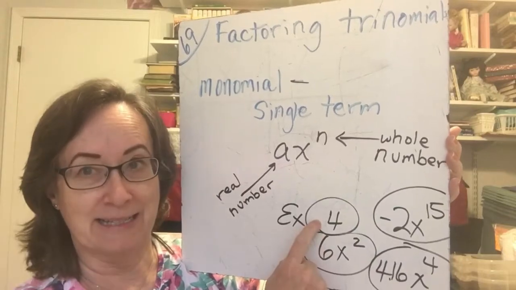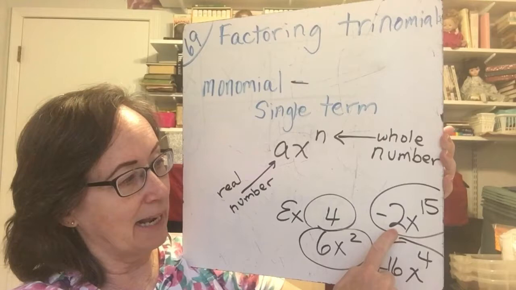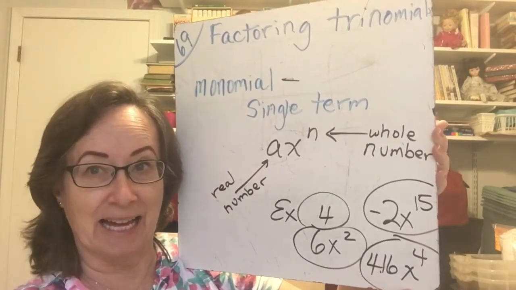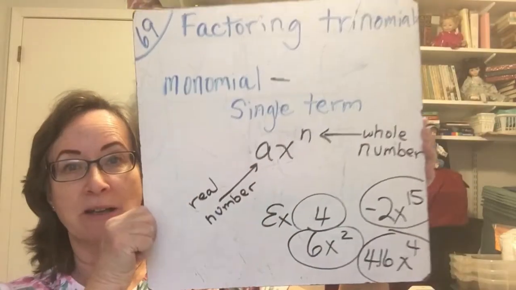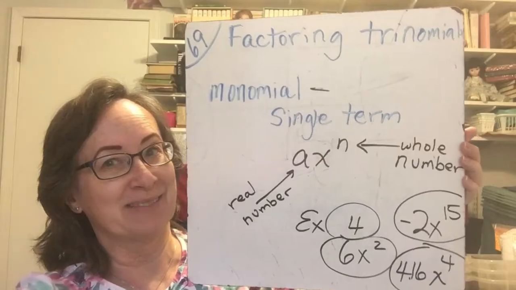So 4 is a monomial. 6x squared, negative 2x to the 15, 4.16x to the 4th. Those are some examples of monomials.